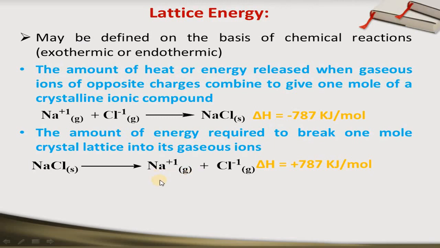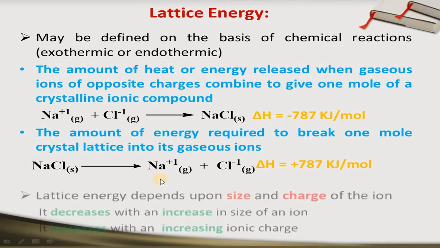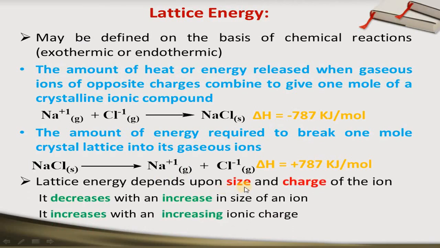Lattice energy basically depends upon two factors: the size and the charge of the ion. It decreases with an increase in size of an ion, meaning it is inversely proportional to the size of the ion. If size of an ion increases, lattice energy decreases.